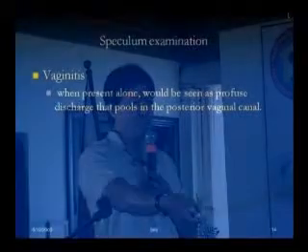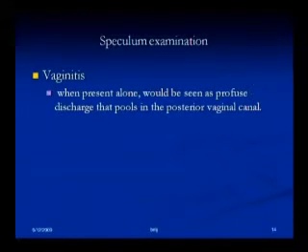Okay? If there's no cervicitis, you have to check for vaginitis. No cervicitis, but you have a discharge from the vagina and the vaginal walls are red, that's vaginitis. The discharge is also in the vagina. Okay? So that's your objective.